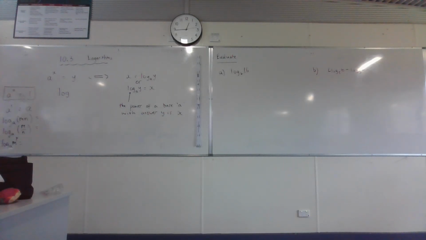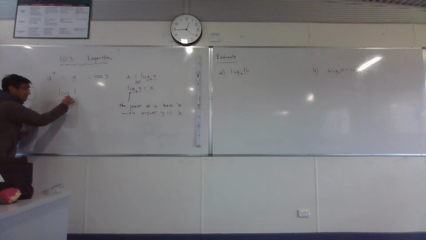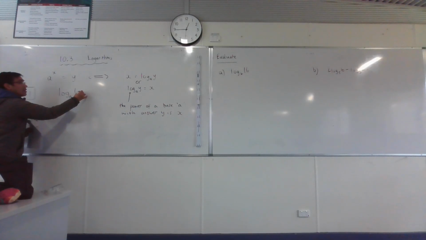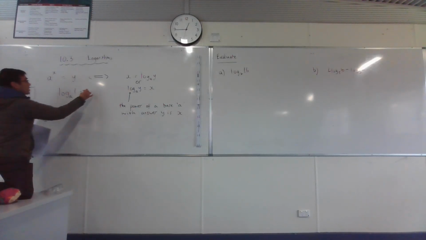Log 1, because our answer is 1. And what goes underneath our log? It's A, it's our base. Okay. And this is the power with an answer 1 and a base A, and the power is? 0.